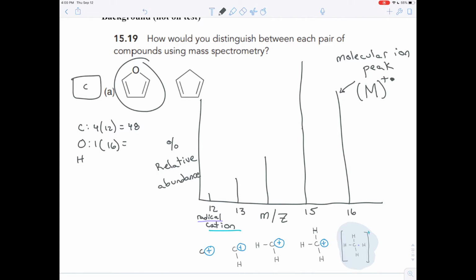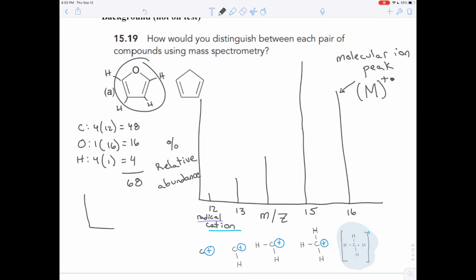Look at the box in the periodic table. Underneath the O, the number, that's where I'm getting these masses from. So that's 16 atomic mass units coming from oxygen. And hydrogen, we have 1, 2, 3, 4. Each of those carbons has just 1 hydrogen on it. So we have 4 hydrogens. Each hydrogen has a mass of 1 AMU, and so that's 4. So that would be a total mass of 68.